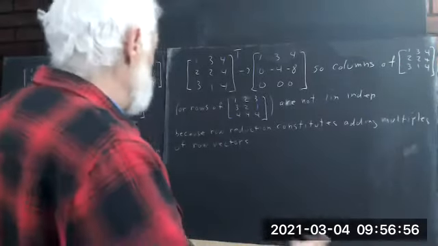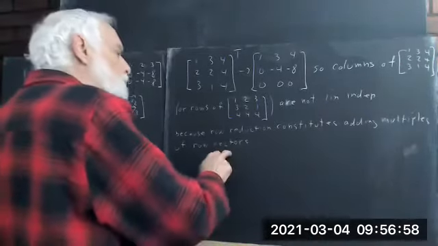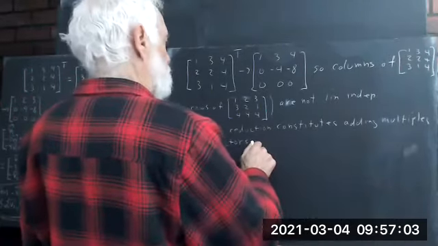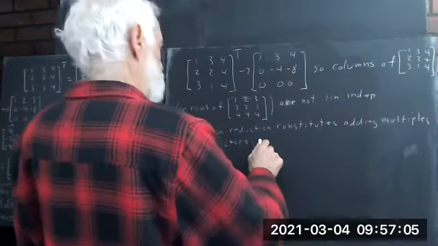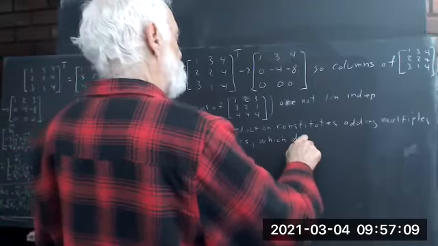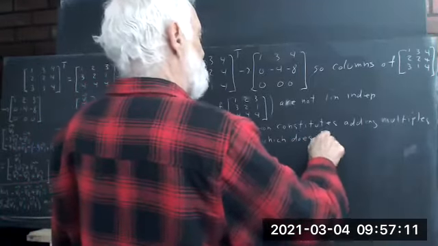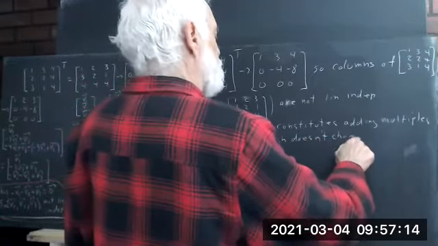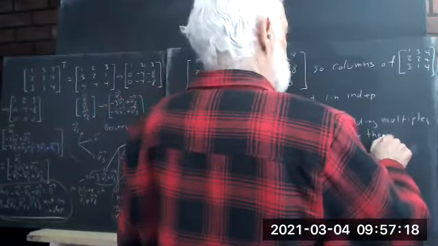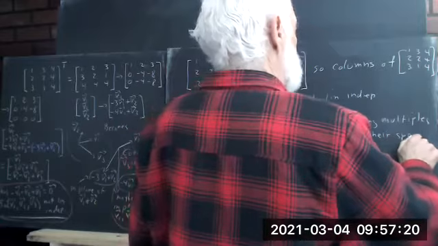I think you should get the idea. This constitutes adding multiples of your row vectors, which doesn't change their span.